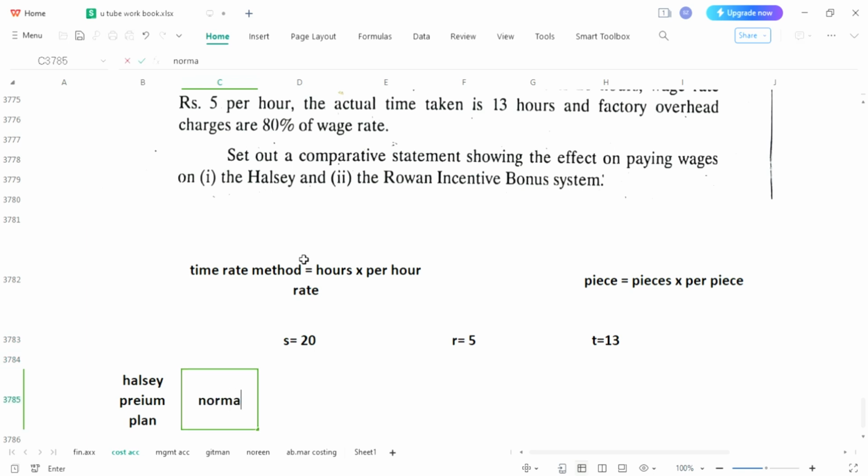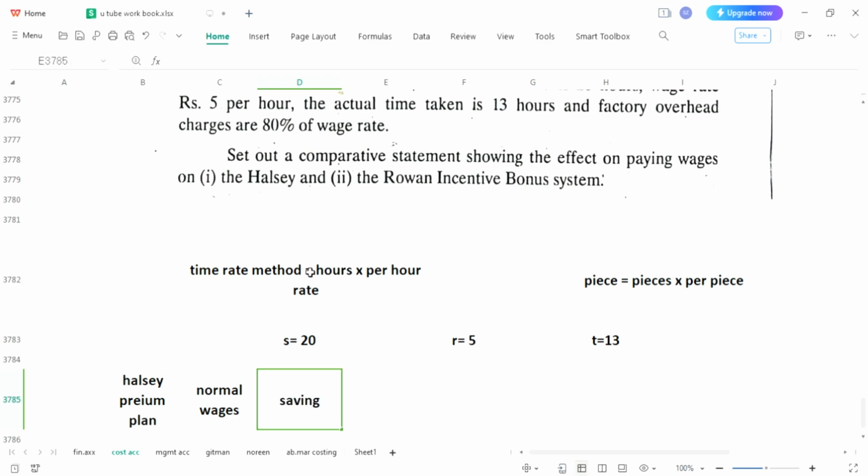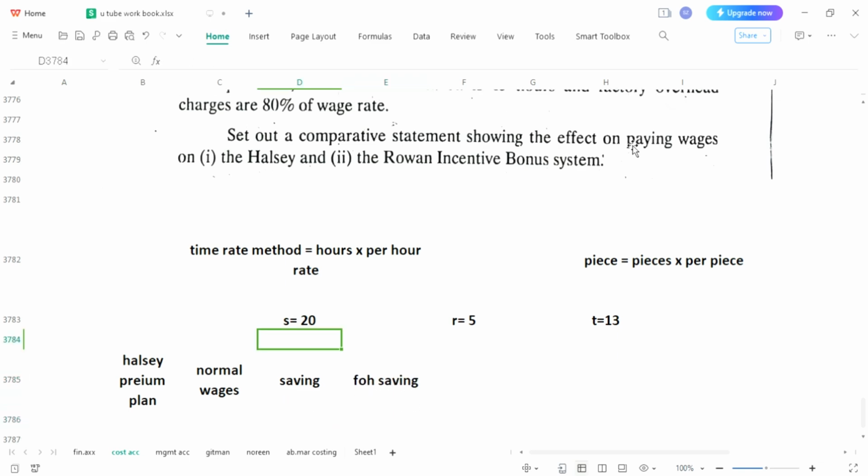Normal wages would be calculated by using this method, hours multiplied by per hour, and we'll see any sort of saving. Then we will be looking forward to FH, saving, and total saving would be calculated in this way.